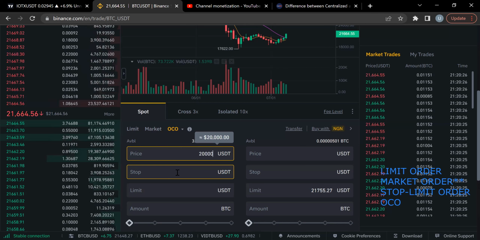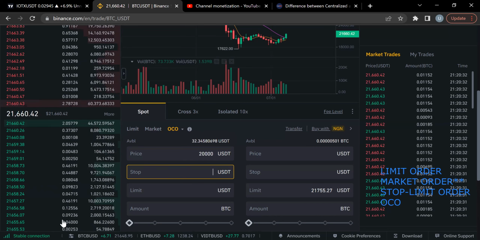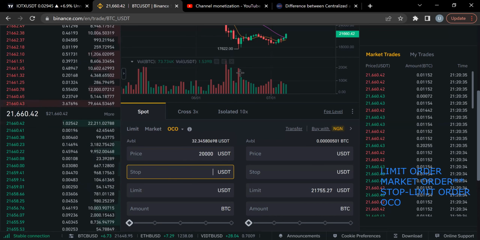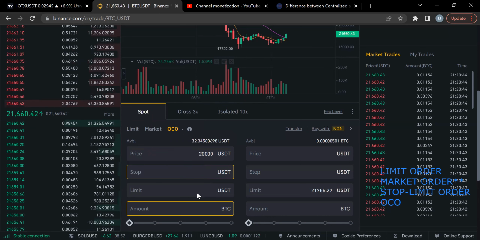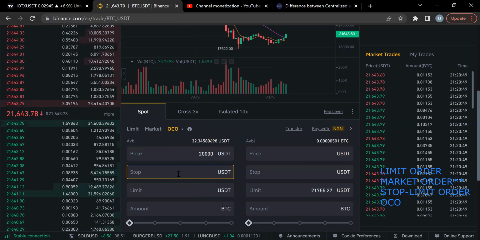On the other hand, if you think it's going to go down but it refuses to go down and just continues going up, that is when you will use this other part. Remember, if you're using stop limits, you need to first put a price where you want the stop limit triggered.